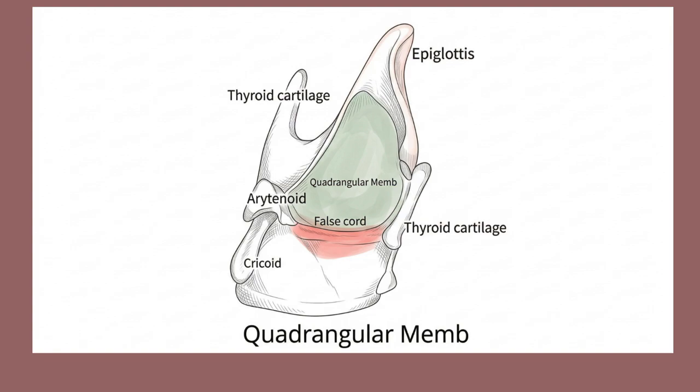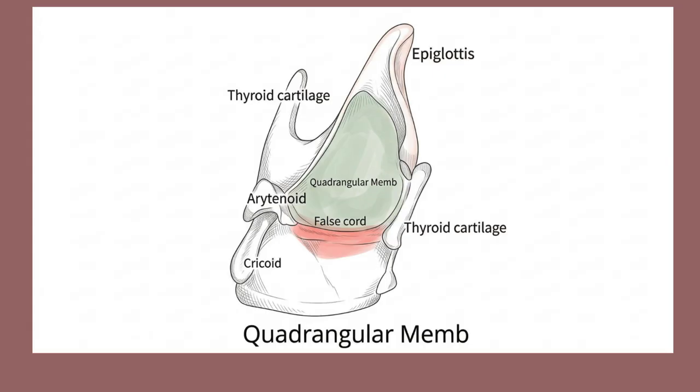It has a lower border which is not attached to any structures except to the muscular process of the arytenoid and the posterior surface of the thyroid cartilage, and provides the framework for the false cord.